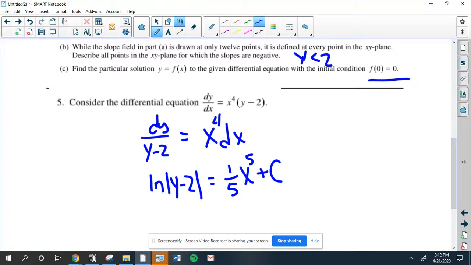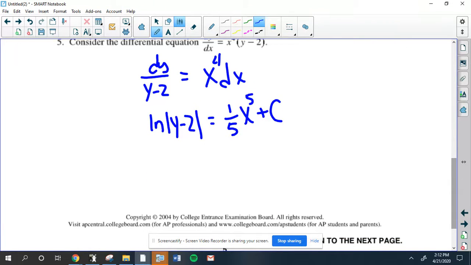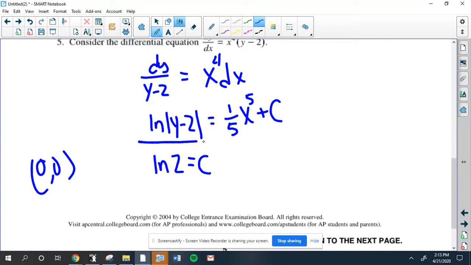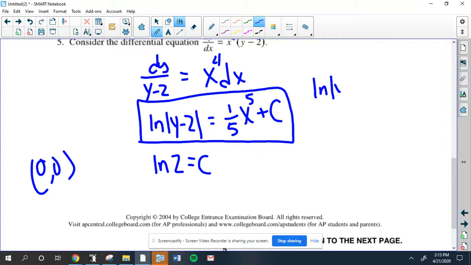We have f of 0 equals 0, so that means at 0 comma 0, ln of the absolute value of -2 equals c. That was easy. So we're going to take this general solution and make it a particular solution by plugging in that value we just got for c.